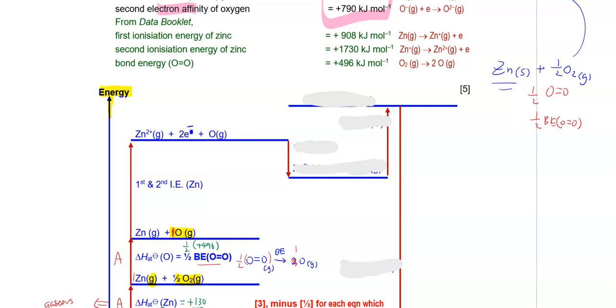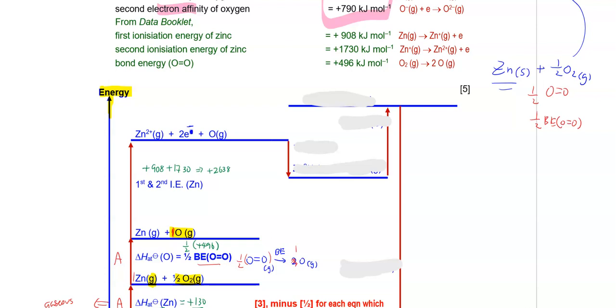So in this case, the value, which can be found from the data booklet, is plus 908 plus 1730. You get 2638 kJ per mole.